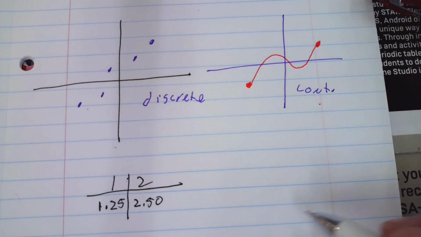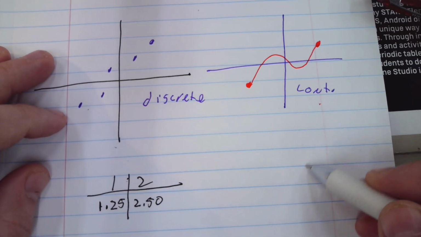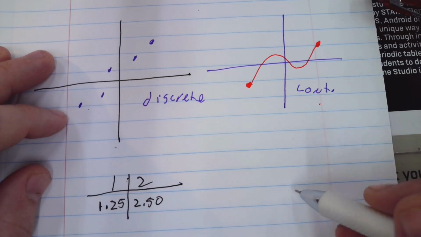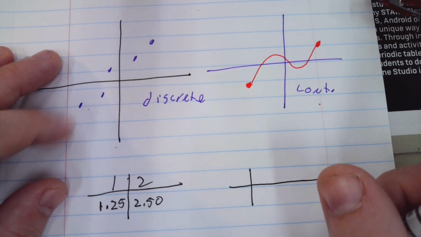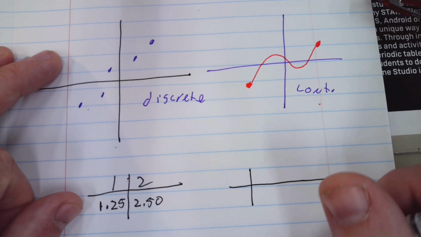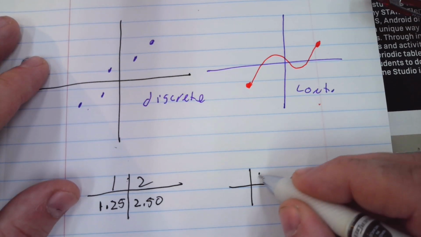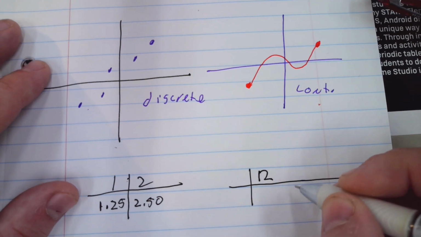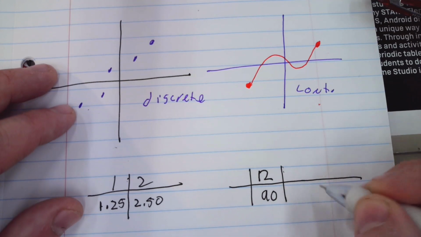Okay. Let's try to think of something that might be continuous. How about, does anybody know how hot it is today? So let's just pretend, at 12 o'clock p.m., let's call it 90 degrees.